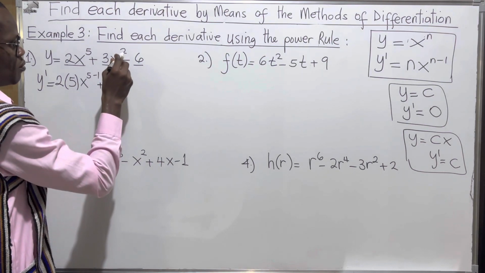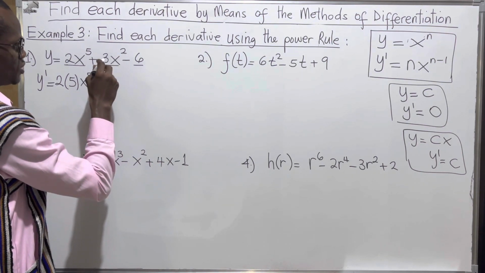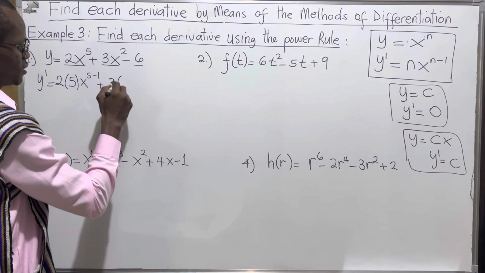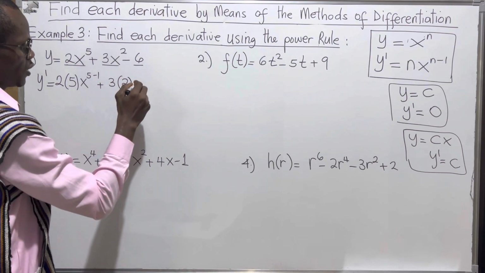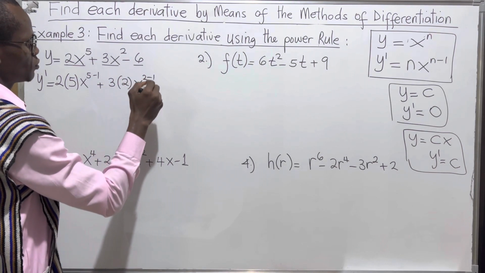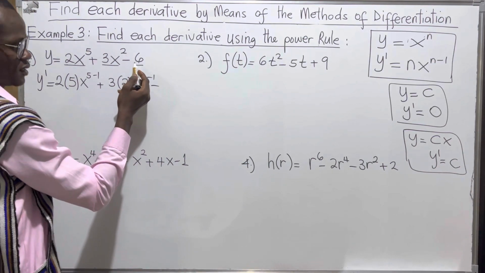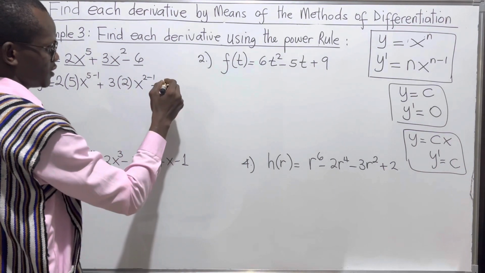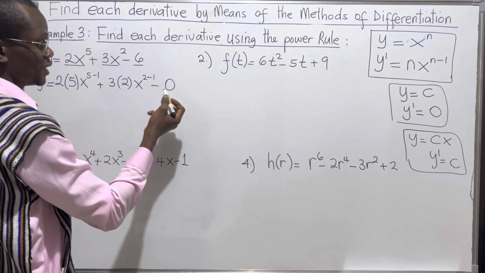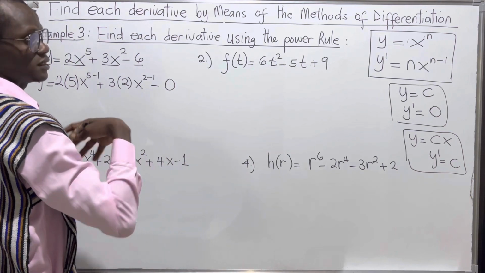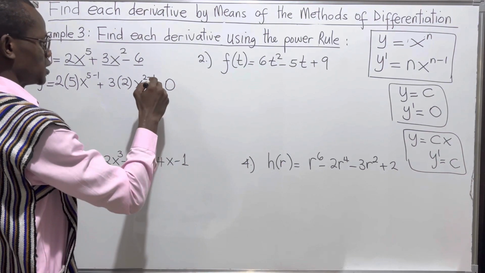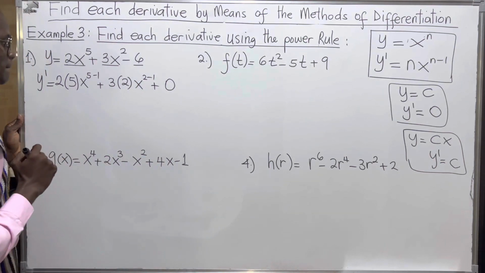Plus, we bring this 2 down, 2 times 3. So we just write it so that you can see it. X, then we subtract 1 from 2. So this 6 is a constant, so the derivative of a constant is just equal to 0. Because 0 is never positive or negative, it's just 0 in the middle of it. So we just have a positive sign.